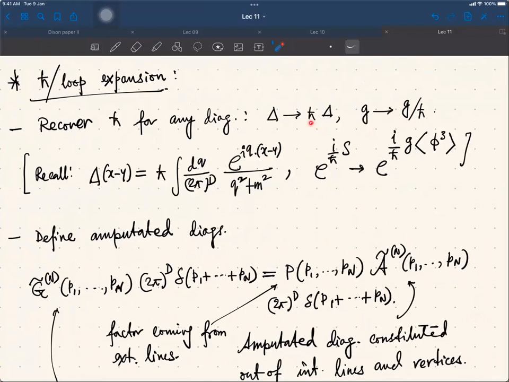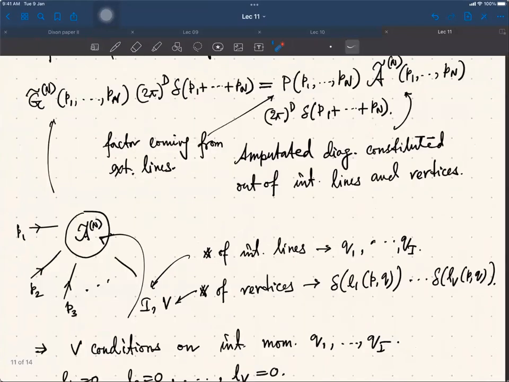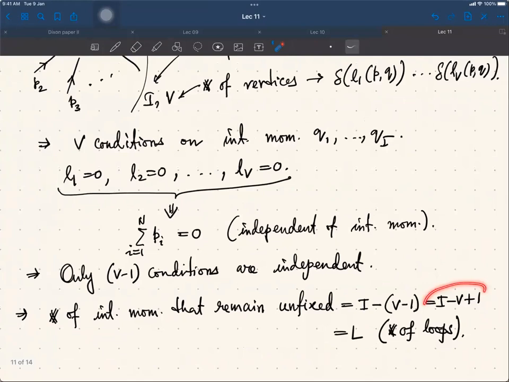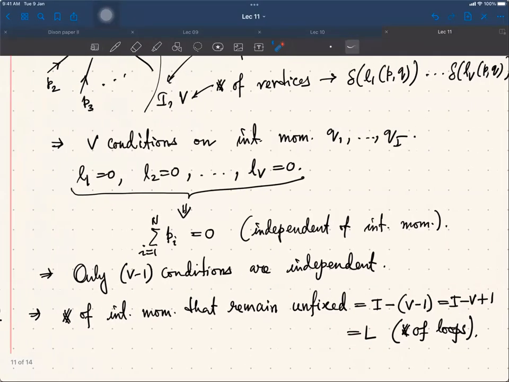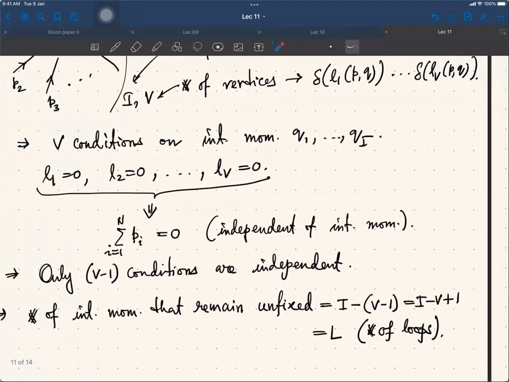So that automatically tells you the h bar power of the diagram, which means the power of h bar and the number of loops are related in this way. Okay, so this is what we will make more precise in the next part.